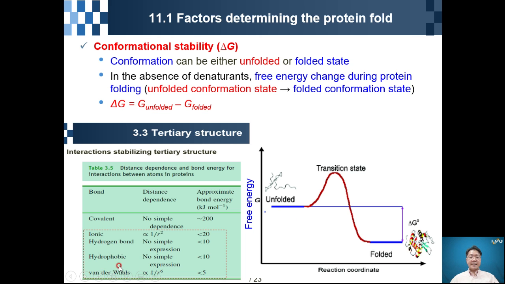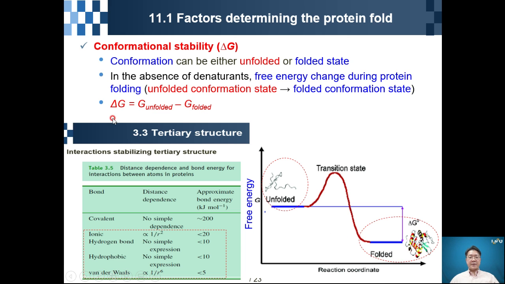Folded proteins can be changed to unfolded protein when the non-covalent bond is disrupted. The conformational stability means that in the absence of denaturants, the free energy changes during protein folding from the unfolded conformation status to the folded conformation status. Delta G is the free energy at the unfolded status minus the free energy at the folded status.